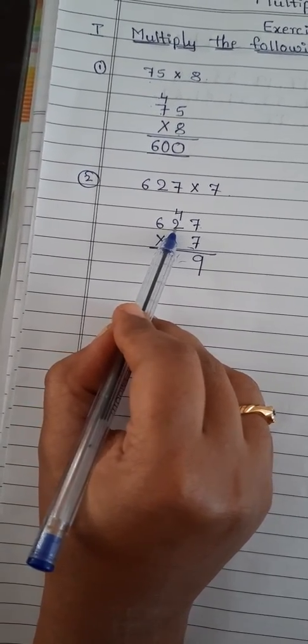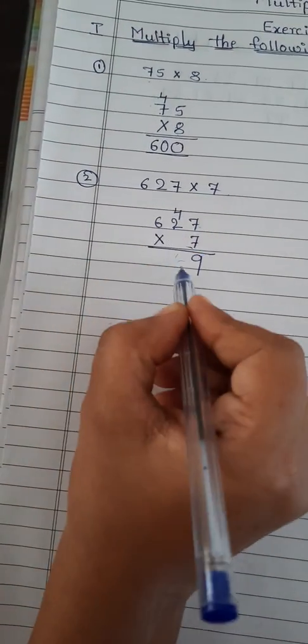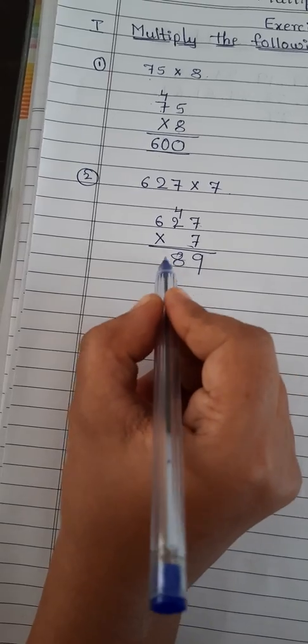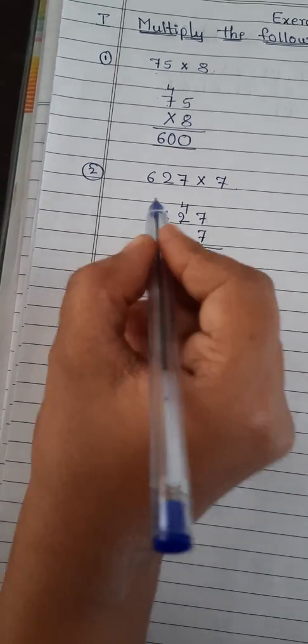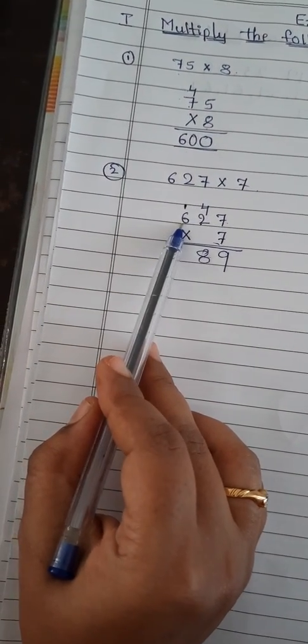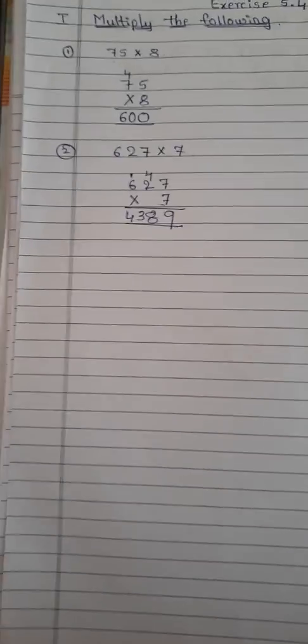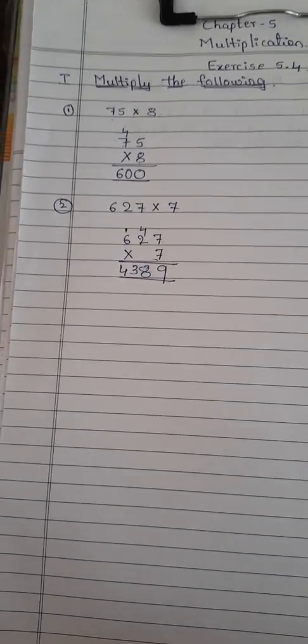For that 14 we add this 4. 14 plus 4 is 18. We cannot write 18 like this. We carry 1 to the next number. 7 6s are 42. 42 plus 1 is 43. Over. Yes, children?